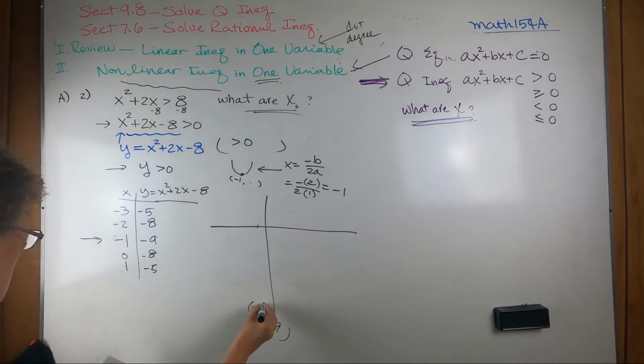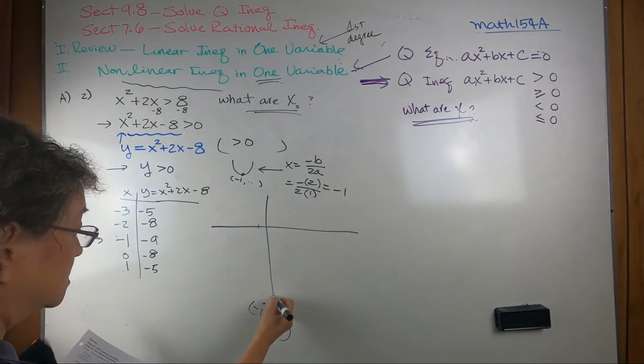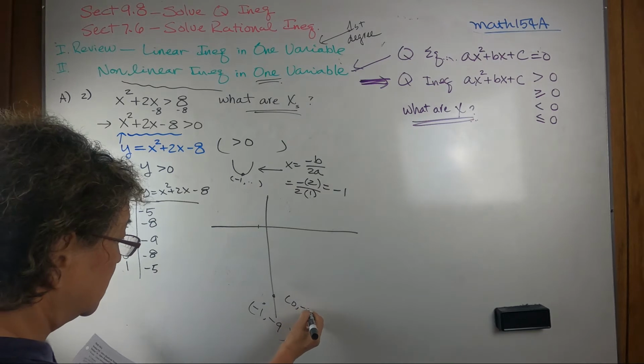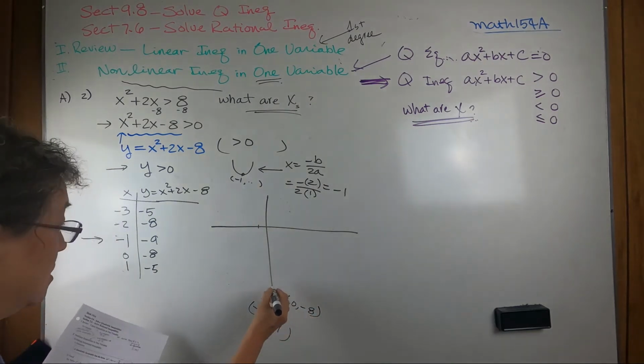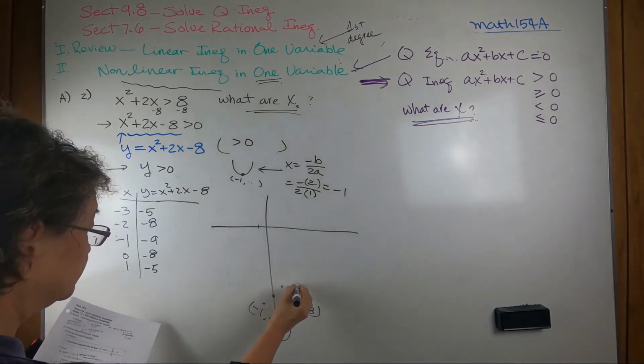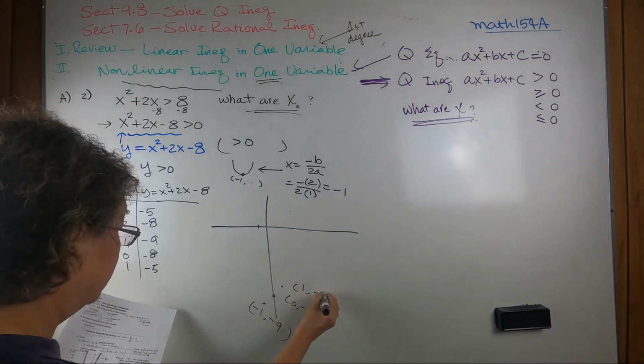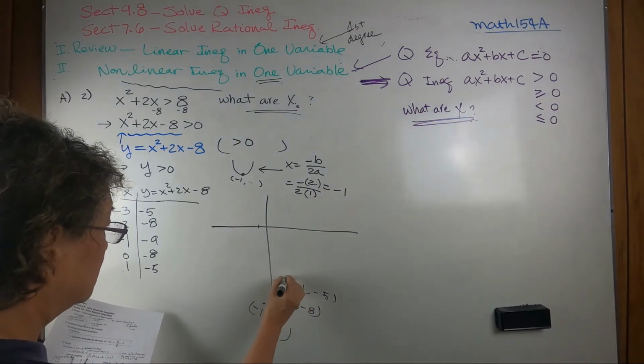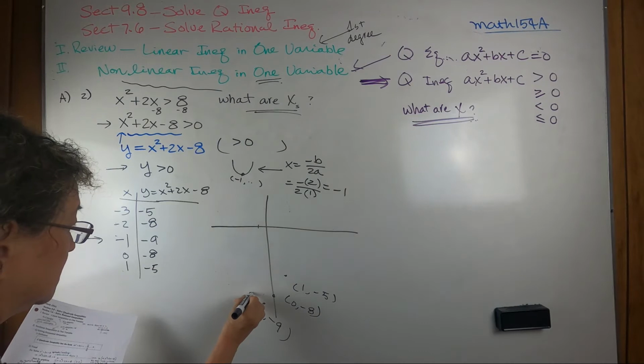So we have 0, negative 8, 1, and negative 5, maybe a little bit higher.